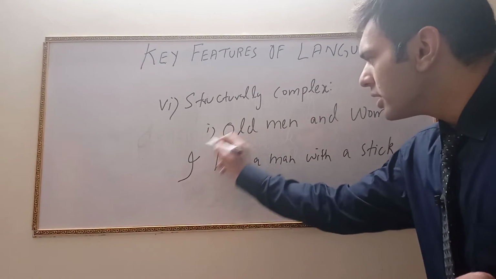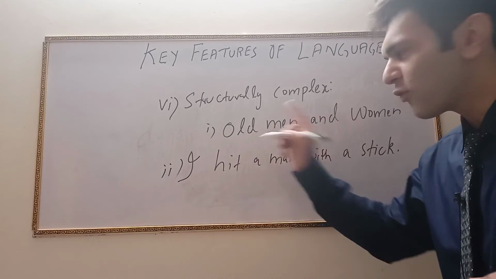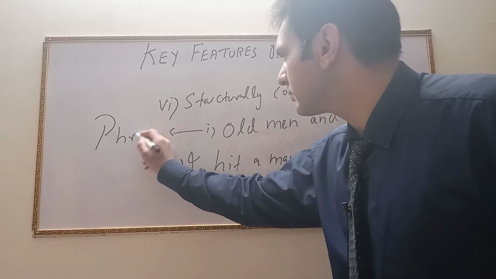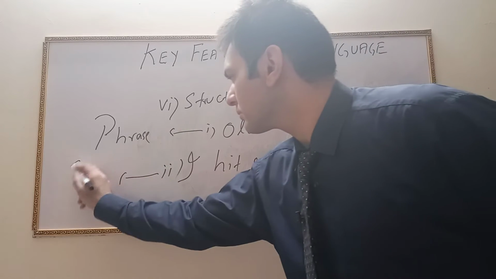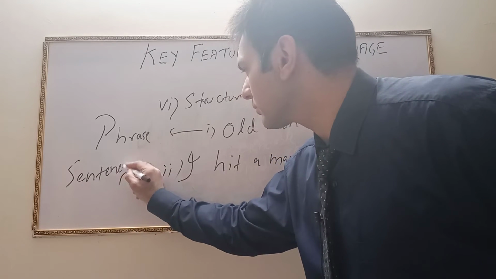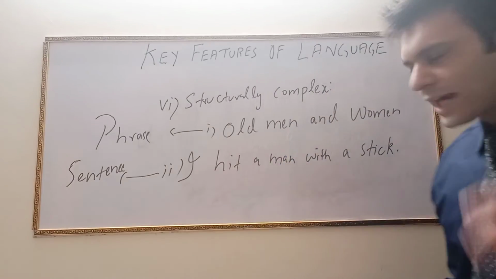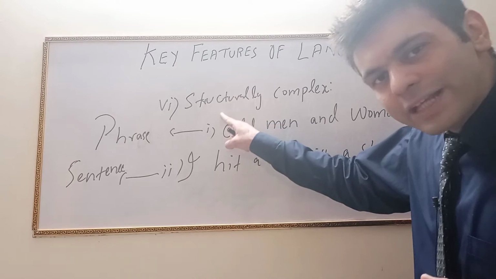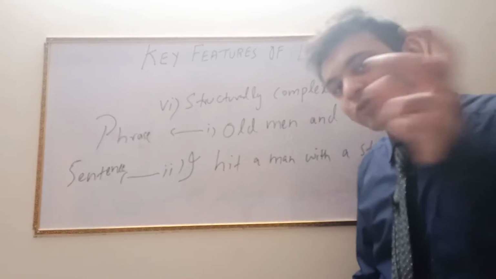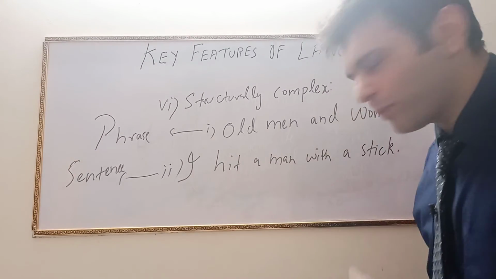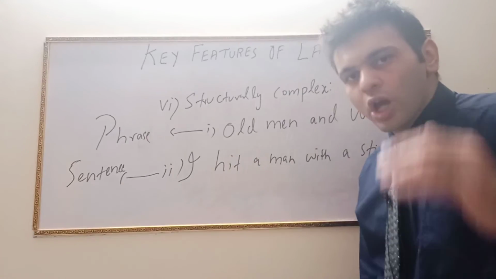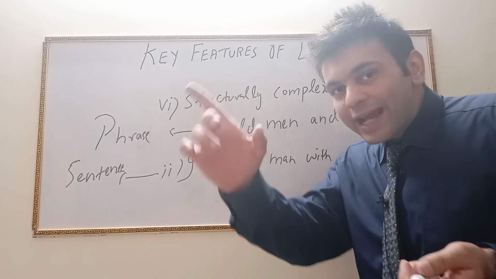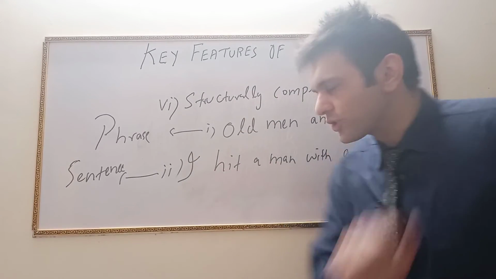Now I have written two examples. One is a phrase, another one is a sentence. My aim and objective in writing these two examples is to qualify and explain this structurally complex feature of language. Now, how is it complex? If you look at the first example, old men and women, over here one can apply two interpretations.